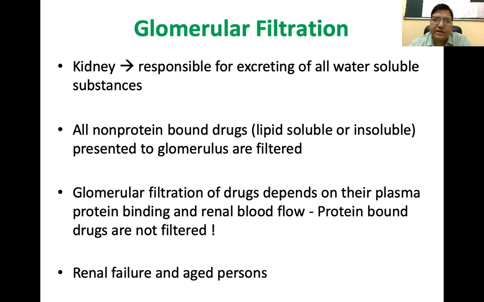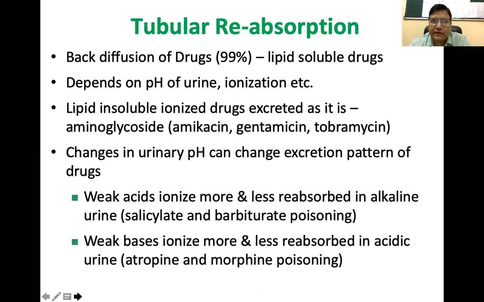These protein molecules are easily filtered out, so the drugs can be excreted very quickly, even though they are bound to the protein. And in aged persons also, the glomerular filtration can be decreased. In renal failure also, the glomerular filtration can be reduced. All these conditions lead to a variation in the glomerular filtration of the drug.